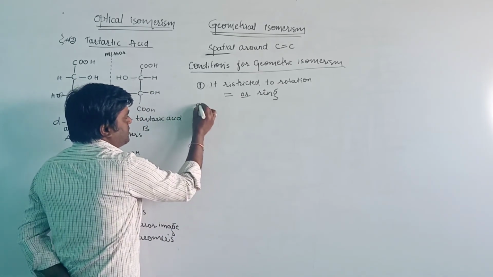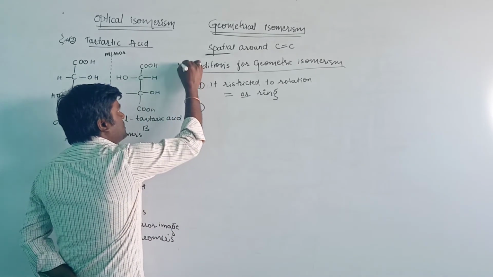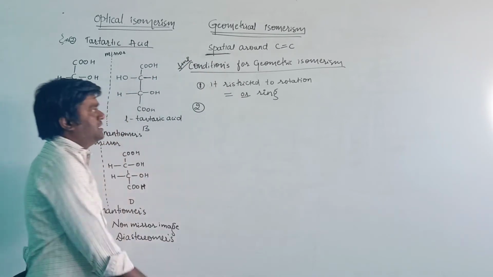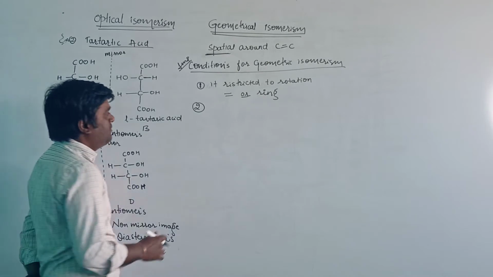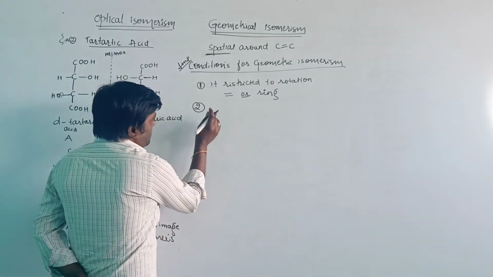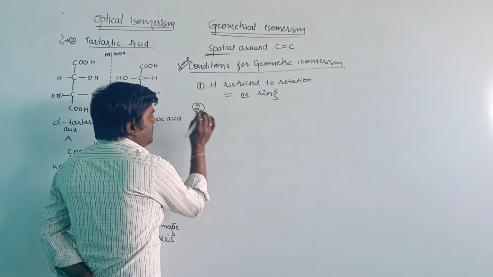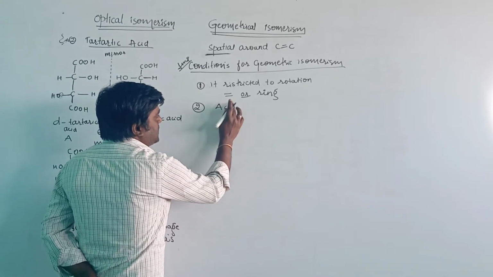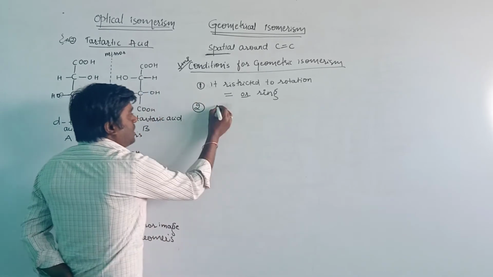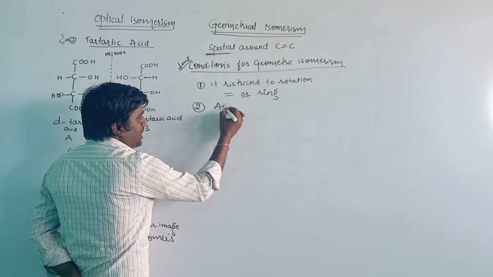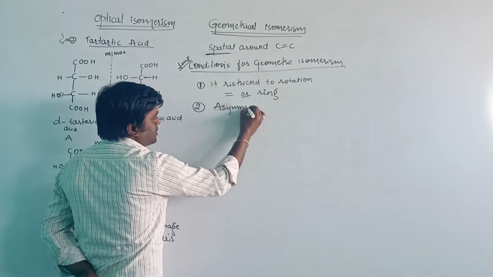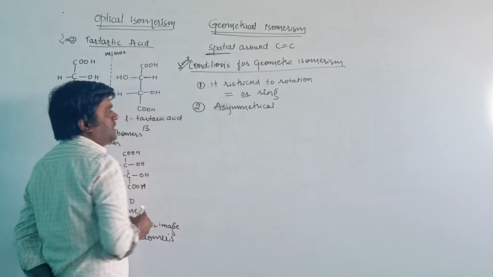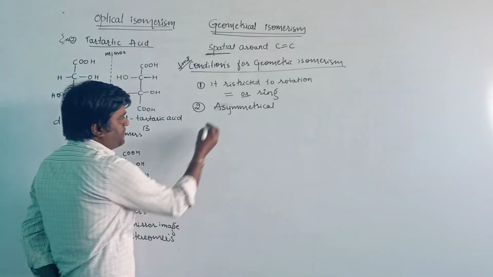The second condition is, and these conditions are very important for the examination: the first condition is restricted to rotation, and the second is that the carbon containing the double bond must be asymmetric or chiral in nature.